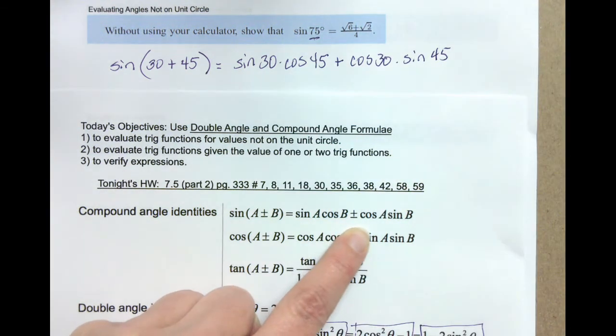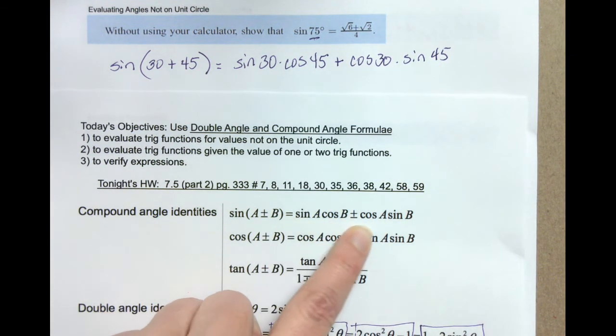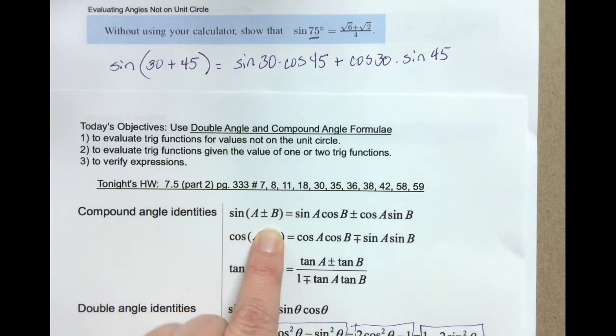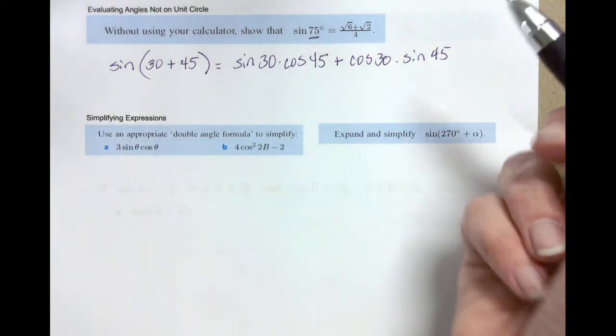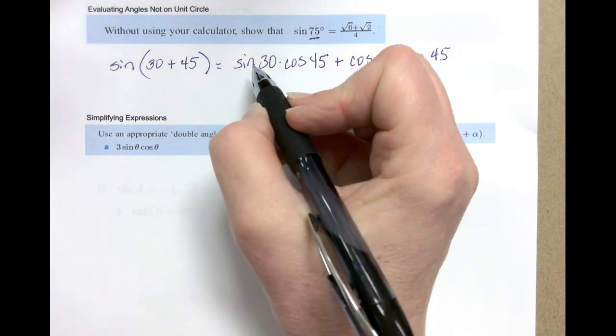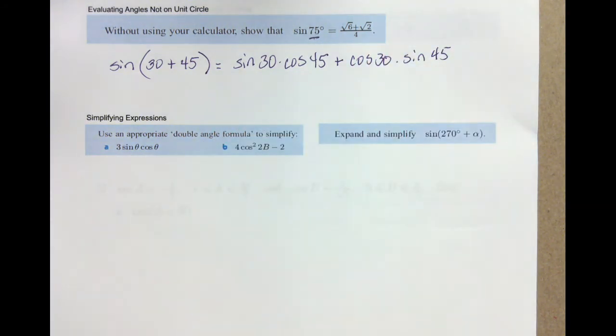So I'm literally just using this formula right here. Did everybody follow what I was doing? Okay. So it would help if we knew what these were. So this is a trip back to your unit circle.